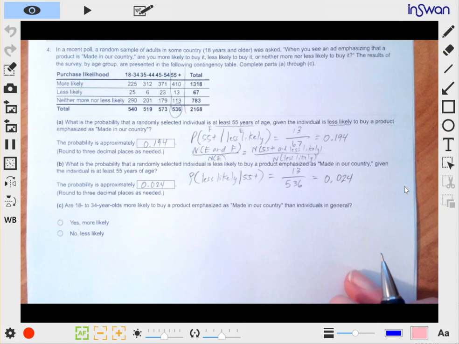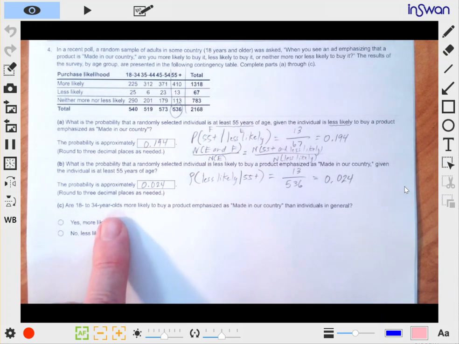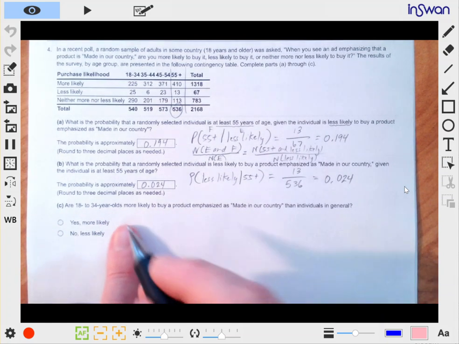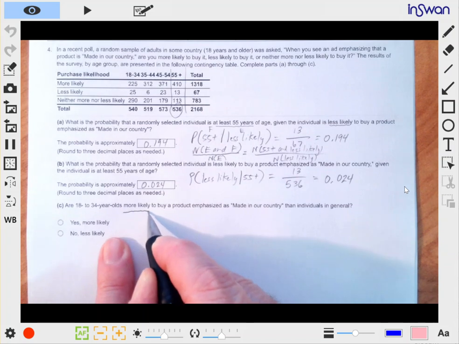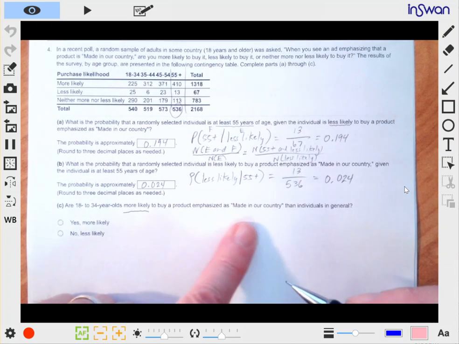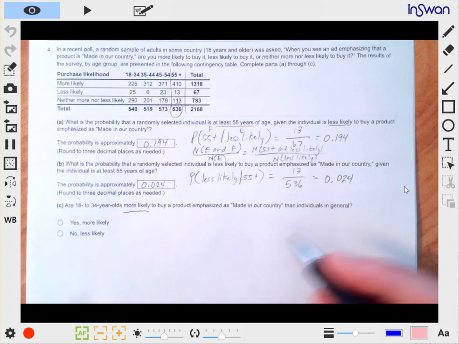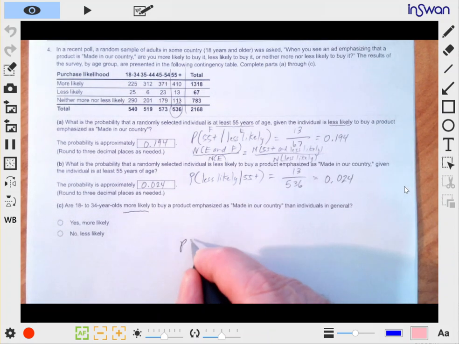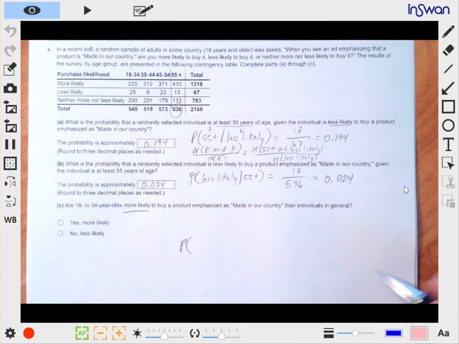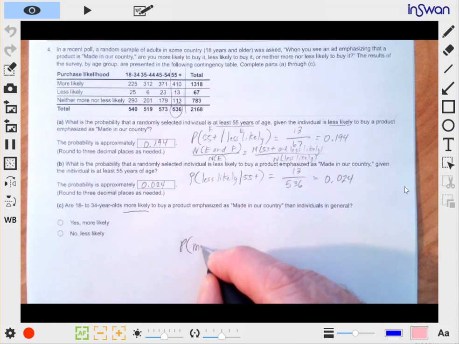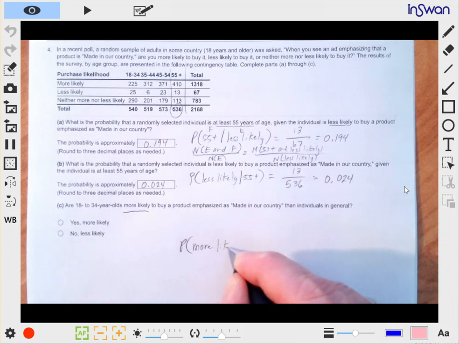Now look at C, it says, are 18 to 34-year-olds more likely to buy a product emphasized as made in the USA than individuals in general? Well, let's go ahead and look at individuals in general in terms of, are they more likely to buy American?